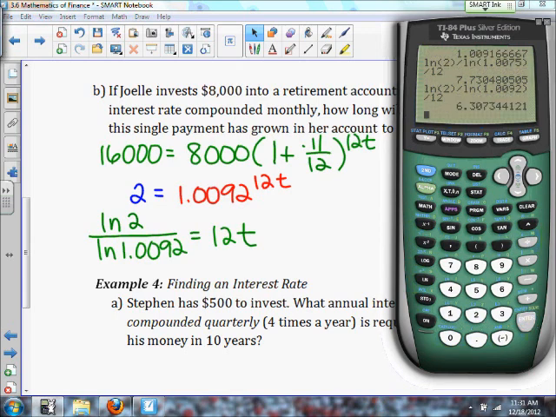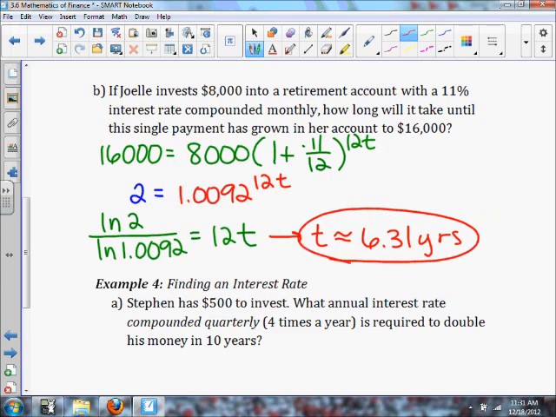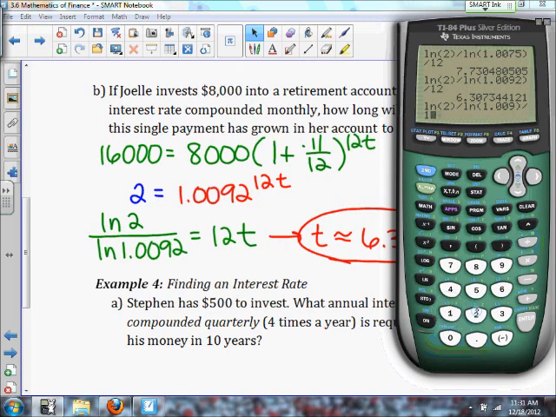So it should be 6.31 years. Now, a couple things before we move on. If you would have used ln of 2 divided by ln of 1.009 divided by 12, you would have got 6.45 years. Okay, so 6.45 years is fine.